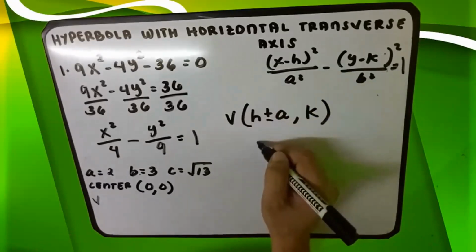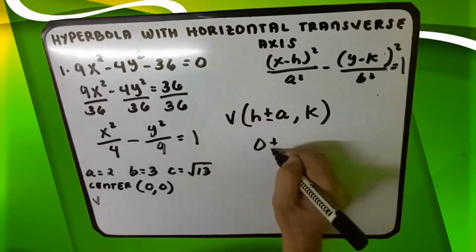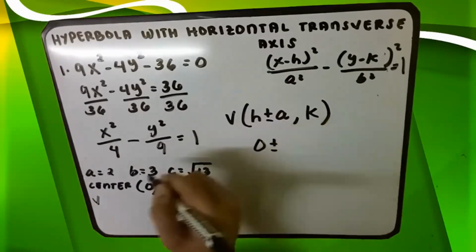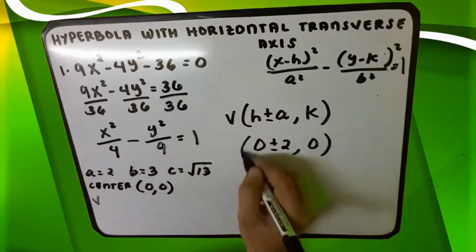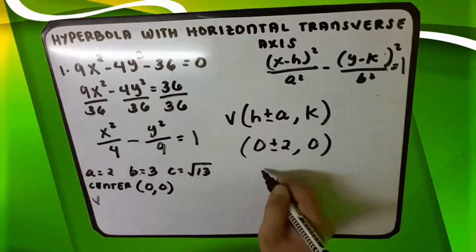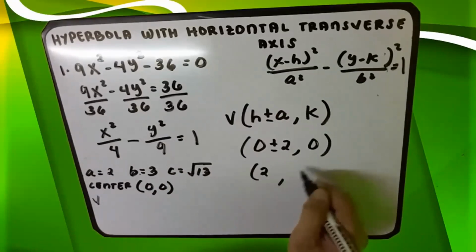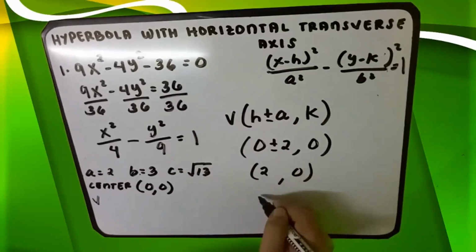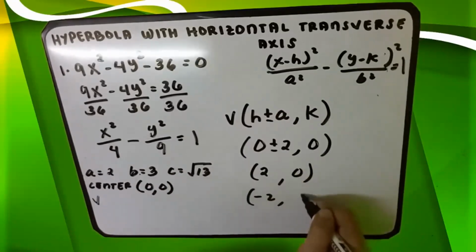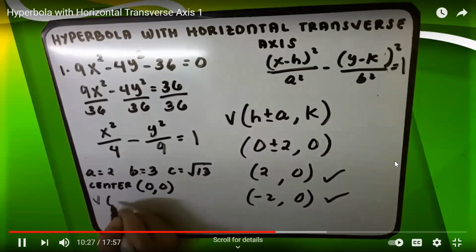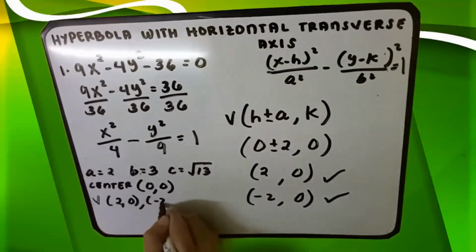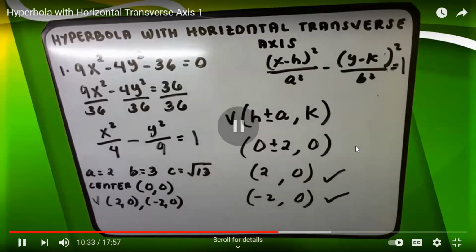So kanina sabi natin H is 0, plus minus ang A natin is 2, ang K natin is 0. So paghihiwalayin lang natin, 0 plus 2 is 2, and then the other one is 0. Yung isa naman ay negative 2 and 0. So ito ngayon yung vertices natin. So vertices is 2, 0 and negative 2, 0.